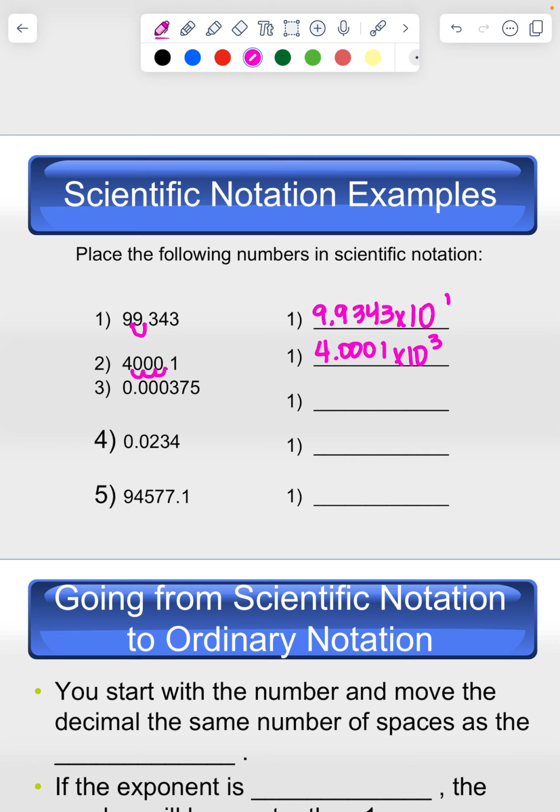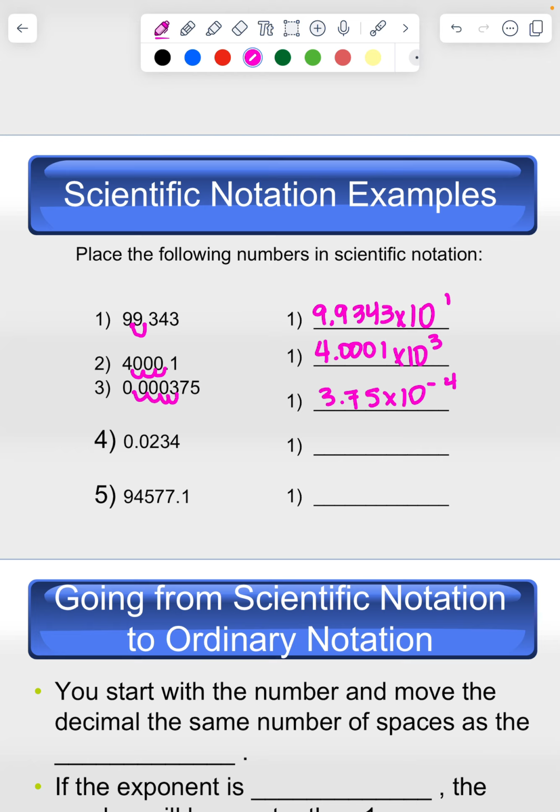And then our third one, it's less than 1, so we have to move it back to the right. So our coefficient is going to be 3.75, always followed by times 10. It's going to be a negative exponent because it's less than 1, and we moved it 4 times.